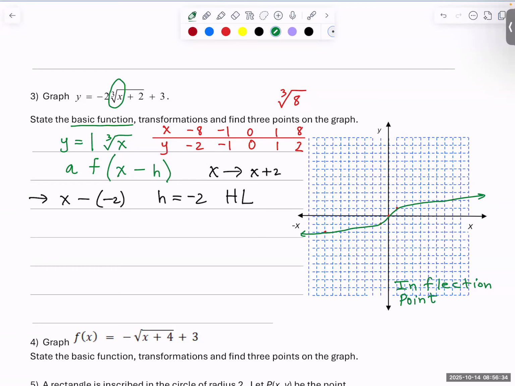Now we've discussed a being negative, and since a is less than 0, this basic graph is going to reflect over the x-axis.